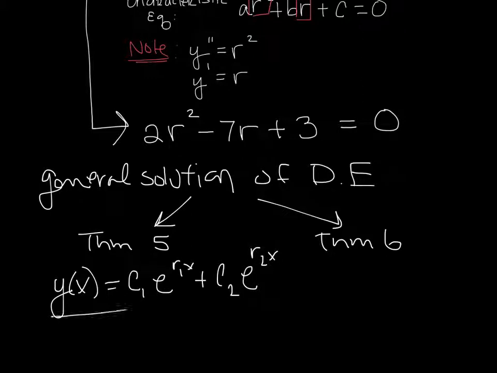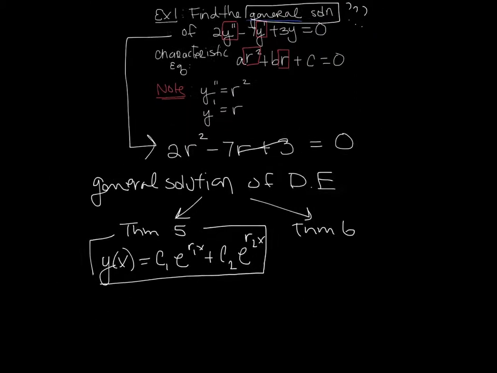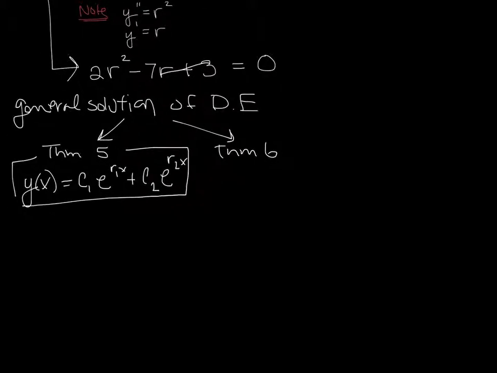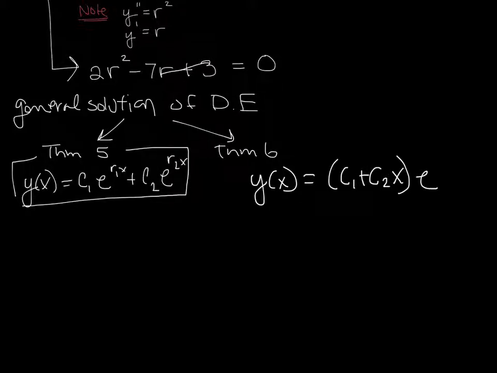Okay, so is my solution going to look like this, or is my solution going to look like theorem 6? If I just write it out, it's going to be y of x equals the sum of C1 plus C2 times x, and we have our exponential function, e raised to the R1x.